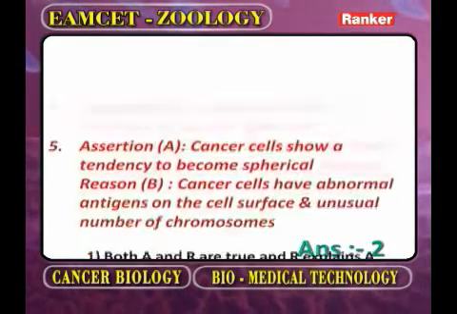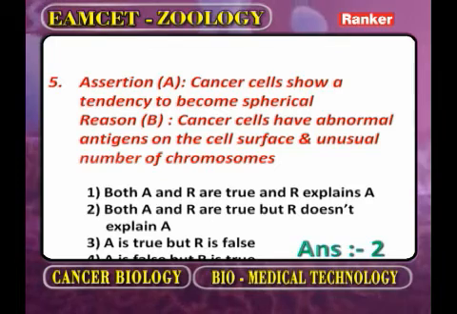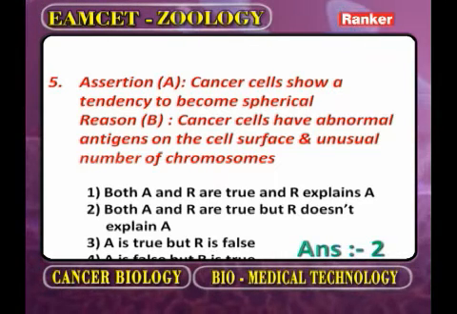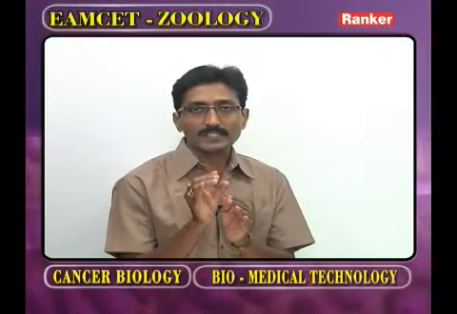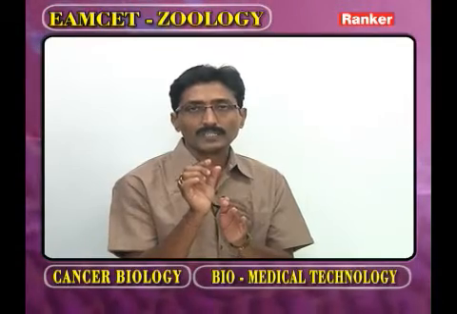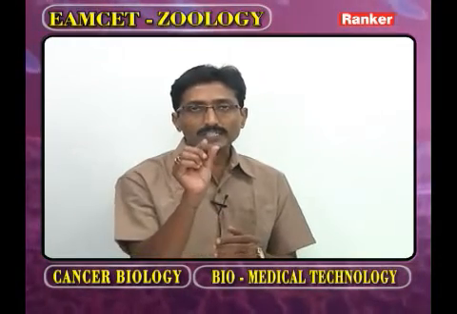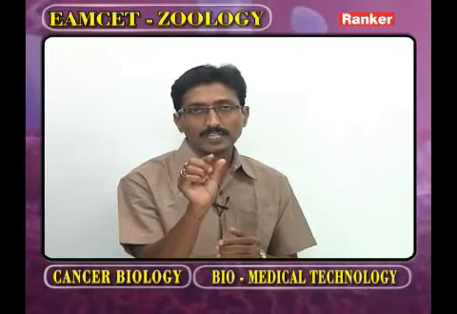The next question, assertion: cancer cells show a tendency to become spherical. Why does the cancer cell become spherical? In the cancer cell, the microfilaments are less in number, so the cancer cell appears to be spherical.